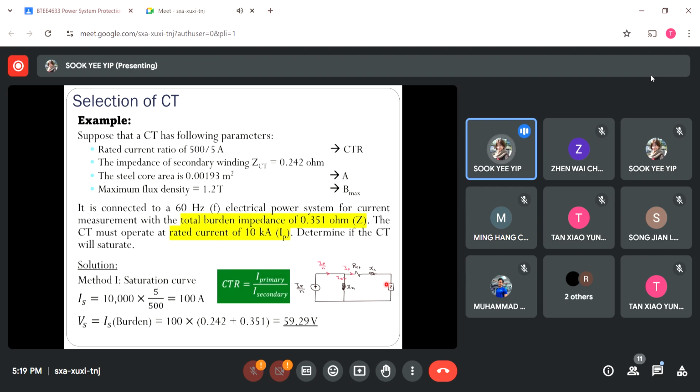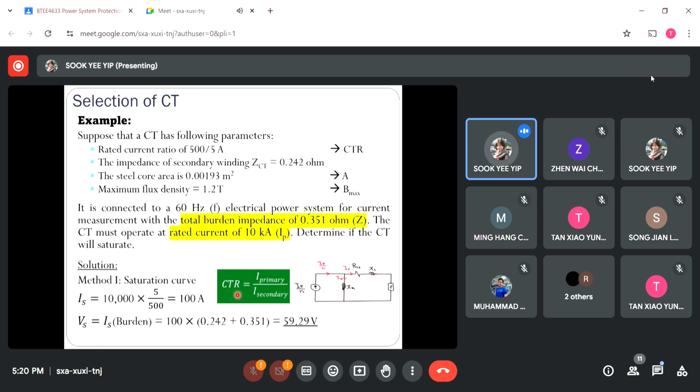So to find the secondary current value, we know that this current transfer will be connected with the system and is expected to measure a current of 10 kiloamps. This 10 kiloamp is the primary current. So how do I know what the secondary current value would be for this particular 10 kiloamp value? It is based on the CTR, the current transfer ratio.